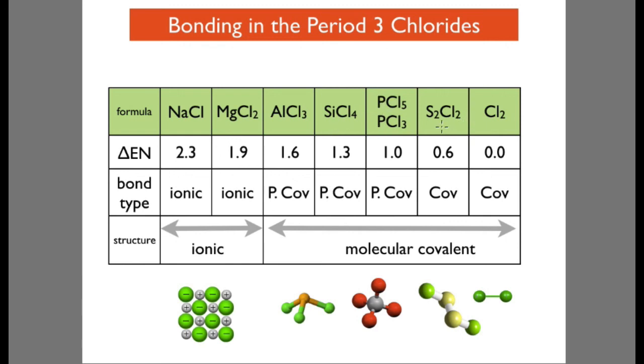And then we've got sulfur and chlorine, obviously, will be purely covalent. I say obviously because both chlorine atoms will have the same electronegativity, and so the difference will be 0. Splendid.